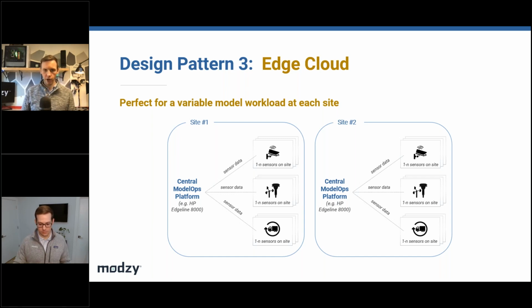So all these scenarios where you're not always certain what access you're going to have to dedicated cloud resources, this gives you the benefits of the cloud, a central hub with all of your models, but locally available. So it's just another way to think about that edge-centric mindset. Yep, that's great. Thanks, Seth.